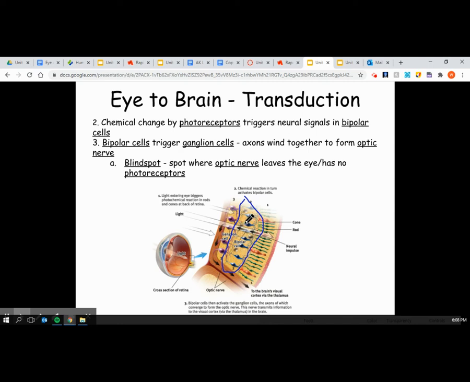These bipolar cells then communicate with the dendrites of neurons called ganglionic cells or ganglion cells. These ganglion cells, their axons have bound together to form a nerve, which becomes what is called the optic nerve.